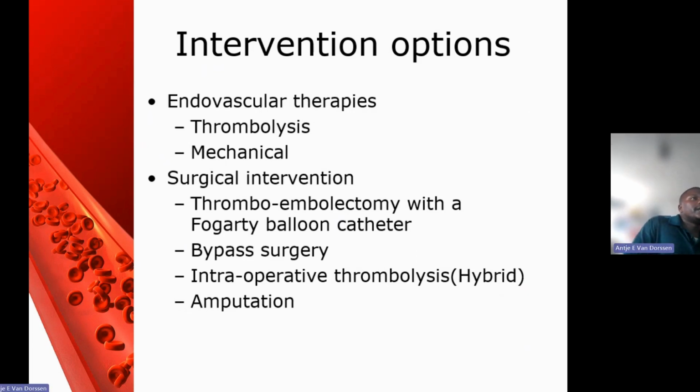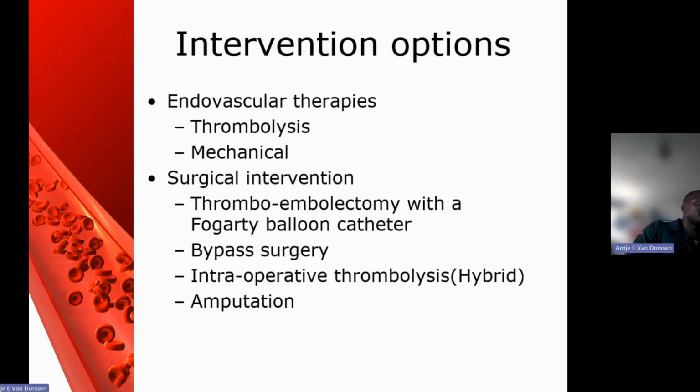Okay. So yeah, of course, the first one is medical management, and we're anticoagulating the patient. And then for the endovascular therapies, we can always use thrombolysis or mechanical interventions. And then for surgical interventions, we can use thromboembolectomy with a Fogarty balloon catheter.